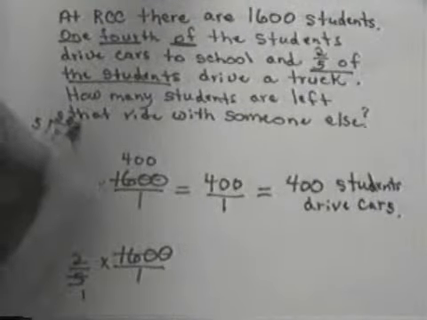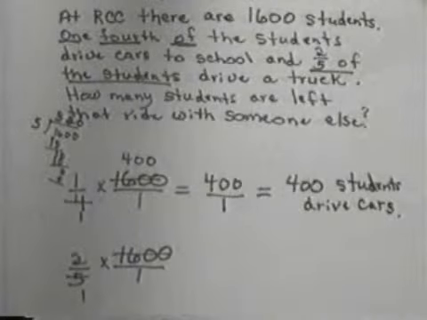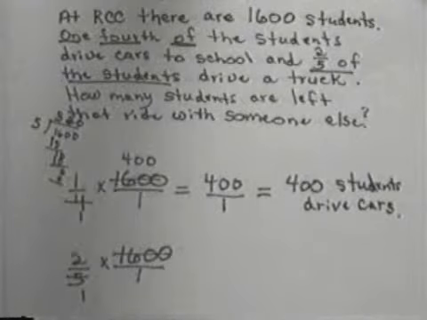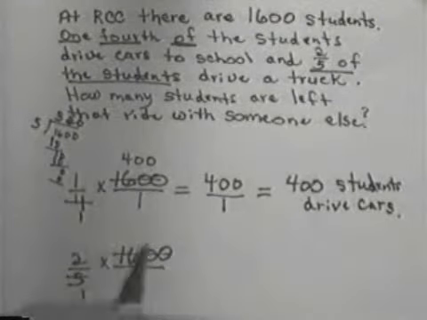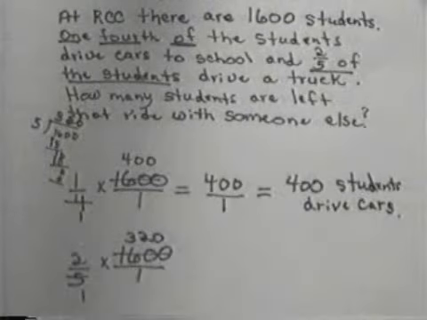We have a 0 left. 5 goes into 0 0 times. 0 times 5 is 0. So it ends up that when we divide 5 into 1,600, it'll go 320 times. So we can put 320 up here when we reduce.